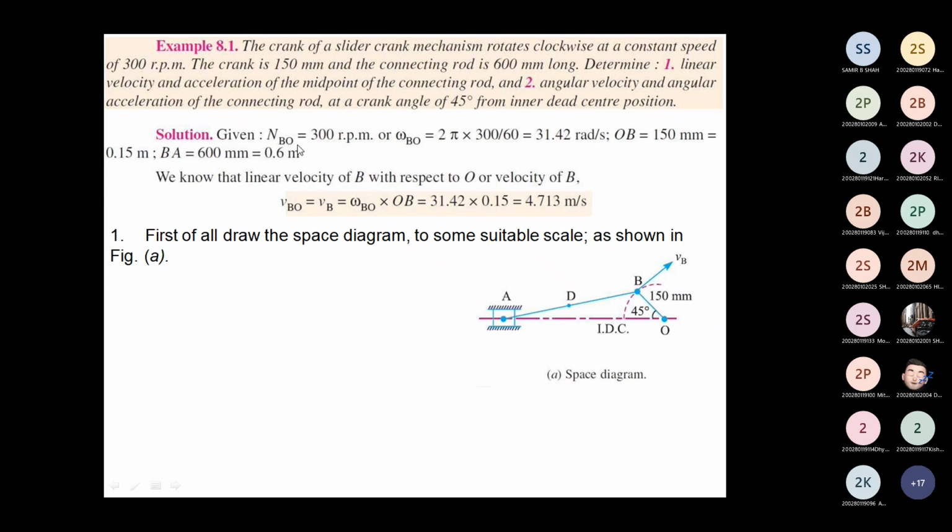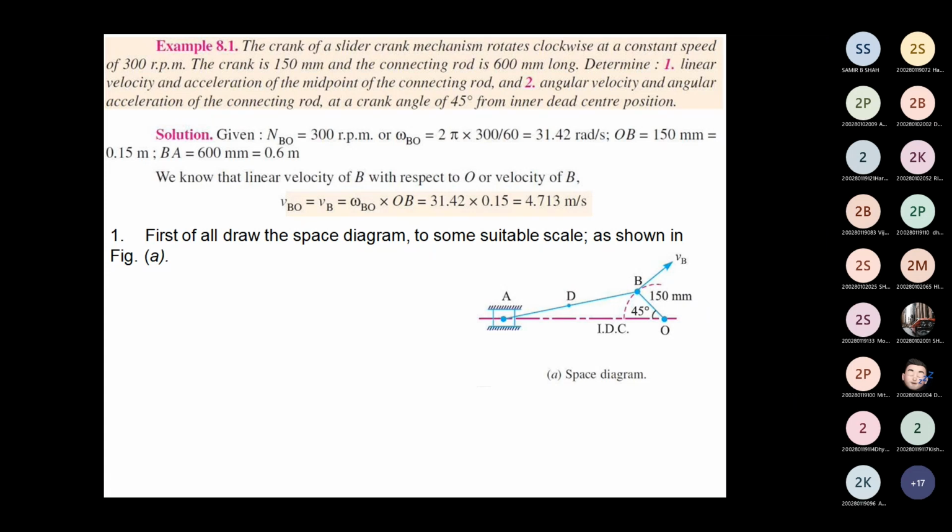Here is one thing that I mentioned initially: speed is given to us. We know very well that since speed is given to us, it is very easy to find omega. Means omega is also indirectly given to you. So for the link whose omega is given to us, here the crank OB, its radial part itself is considered as the acceleration of that link.